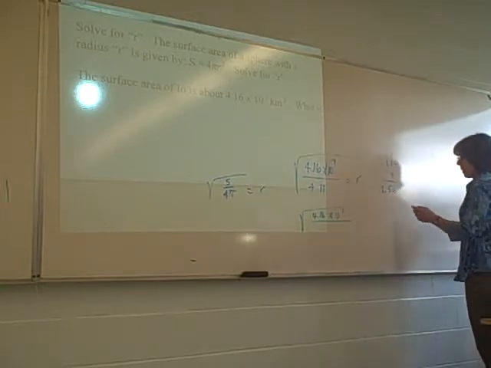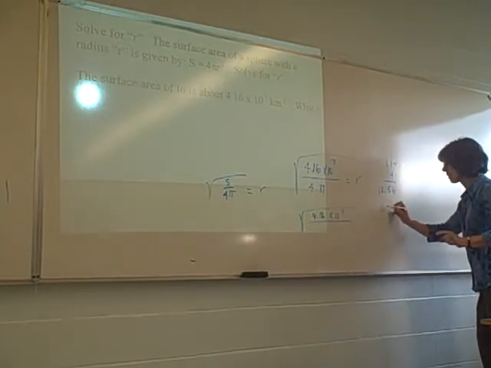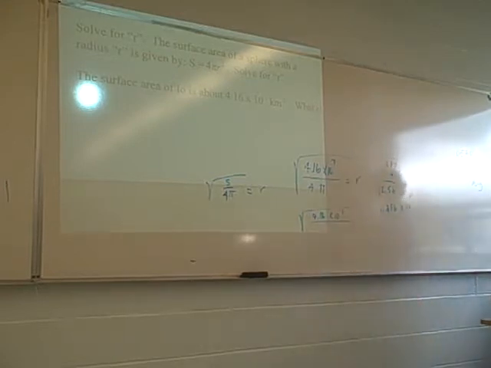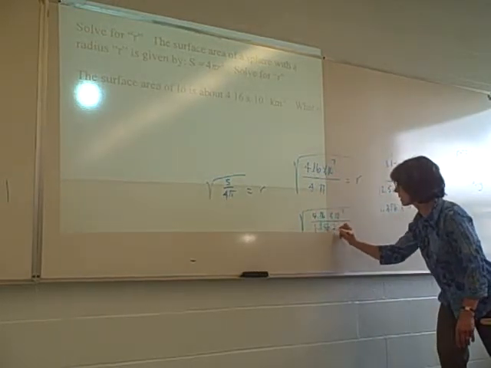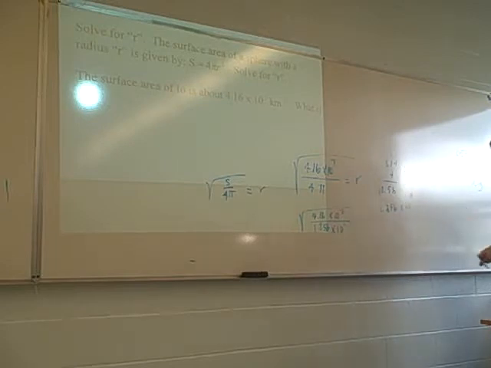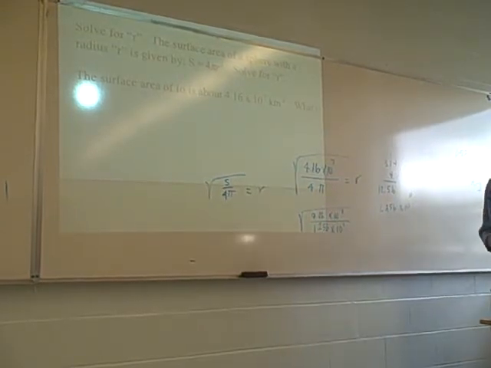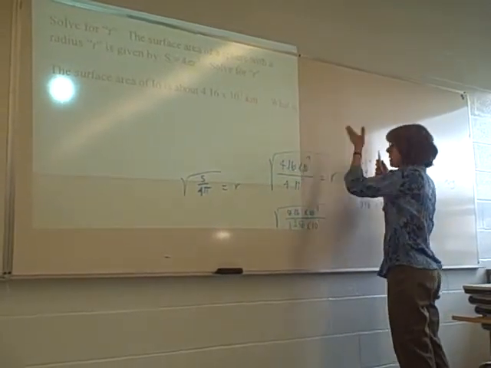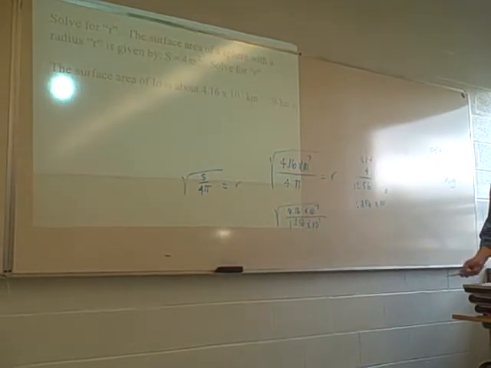If I move the decimal over one place, what will this have to be? 1. So I could have said 1.256 times 10 to the 1st. And then, wouldn't this have been an easy division? You could have done it that way. You could have just said 12.56 and taken this huge number and the square root. There are a couple of different ways to have solved it at this point.